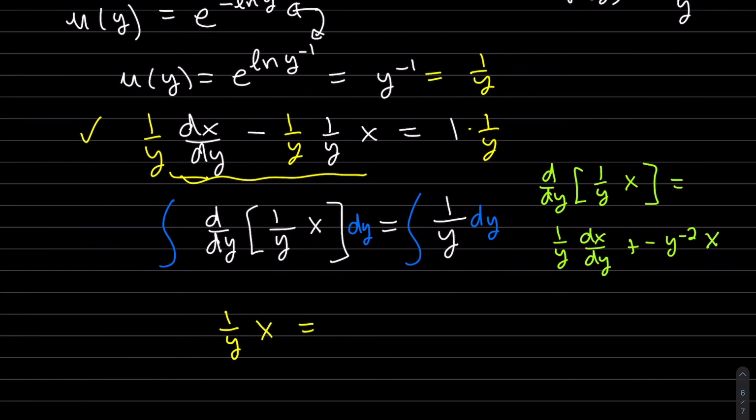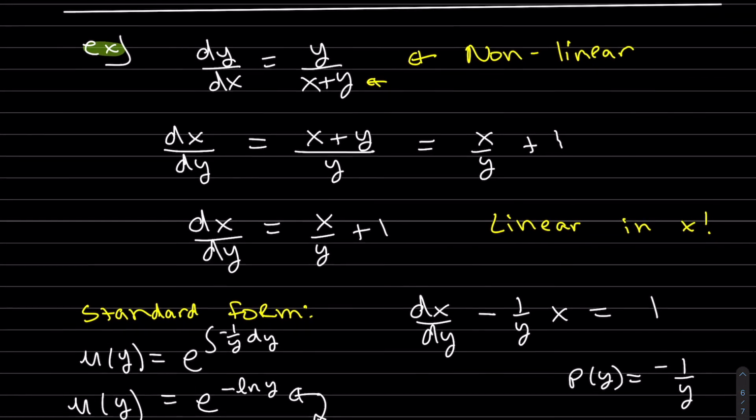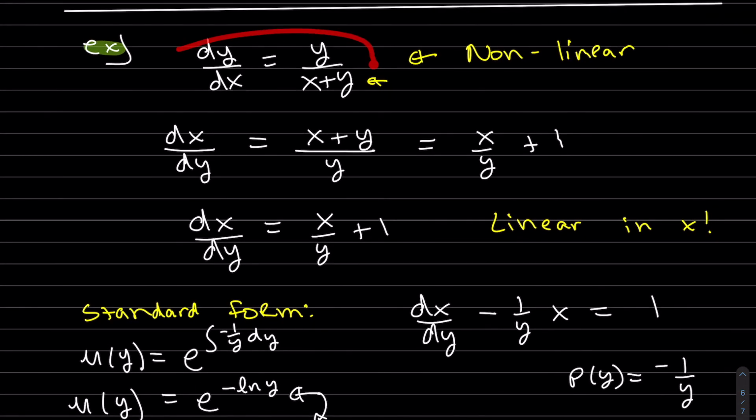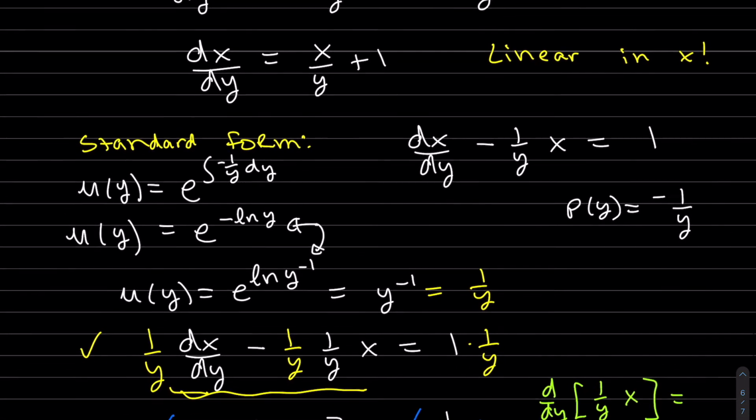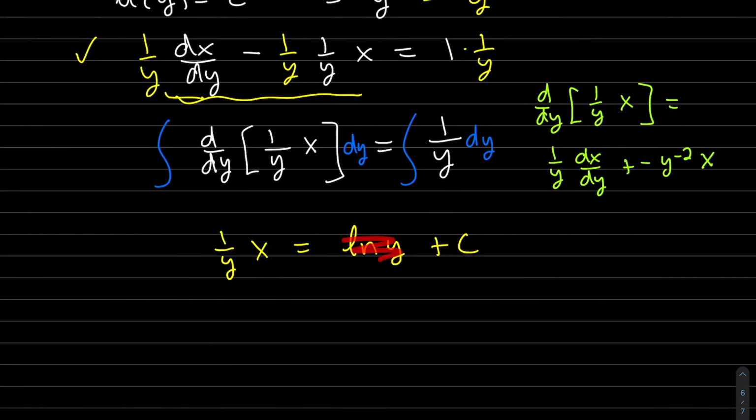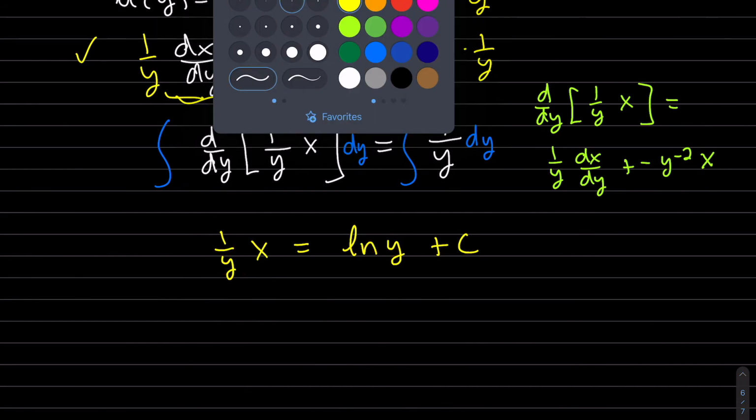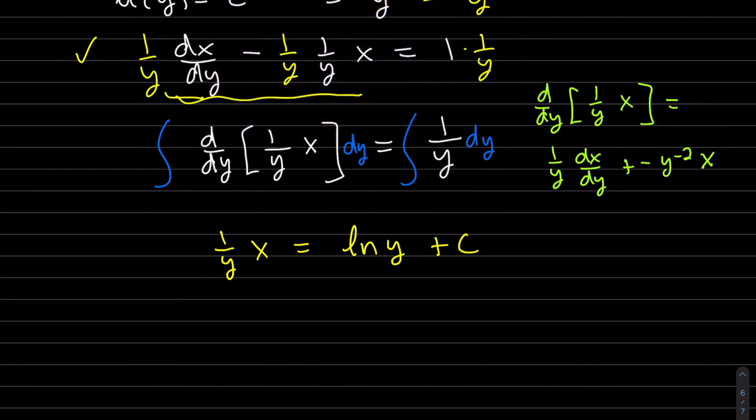And the integral of 1 over y dy is the natural log of y plus your c. And since our original problem was in terms of x, our solution is still y, but there's not a way to solve for this y, so we're just going to have to settle for this being our implicit solution.